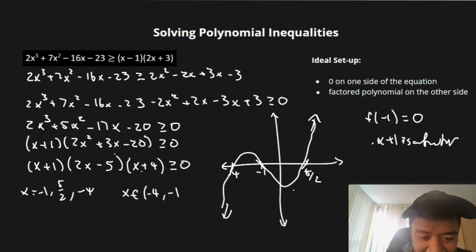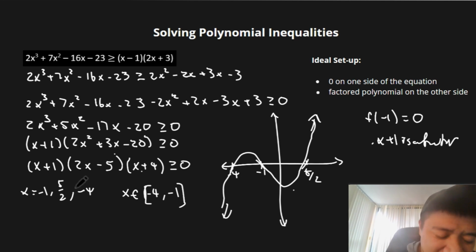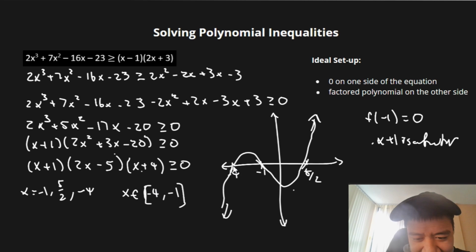Instead of using round brackets, because in this case we're including our solutions, our x-intercepts, because we want greater than or equal to, we're going to use square brackets. So this says the numbers are going to be in between negative 4 and negative 1, and we also include our x-intercepts negative 4 and negative 1, because these make our function equal to 0.